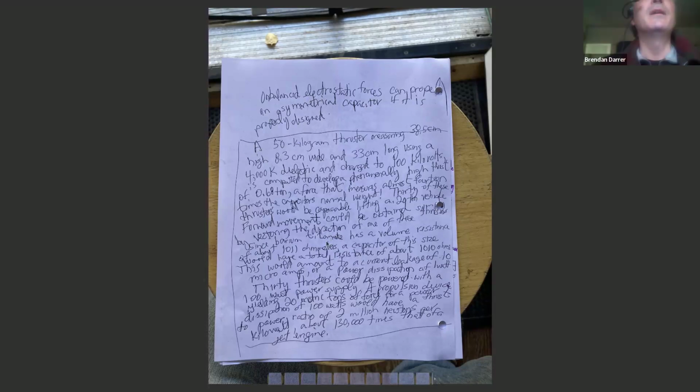A 50 kilogram thruster measuring 38.5 centimeters high, 8.3 centimeters wide, and 33 centimeters long, using a 4000 K dielectric and charged to 100 kilovolts, is computed to develop a phenomenally high thrust of 0.68 tons, a force that measures almost 14 times the capacitor's normal weight.